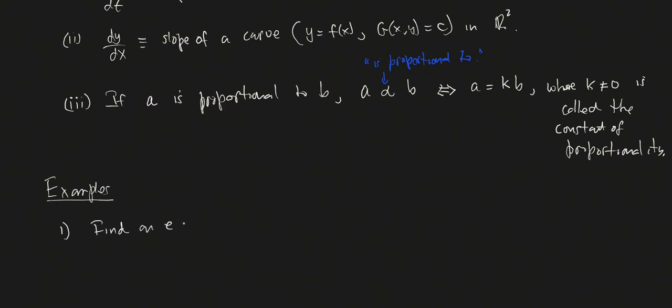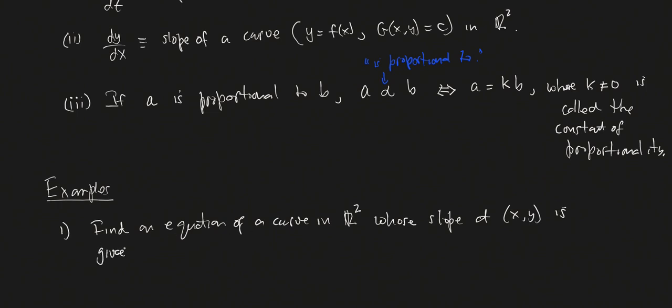So, find an equation of a curve in R2 whose slope at x comma y is given by, let's say, simply x plus y, right? And whose curve, so it's given by this.